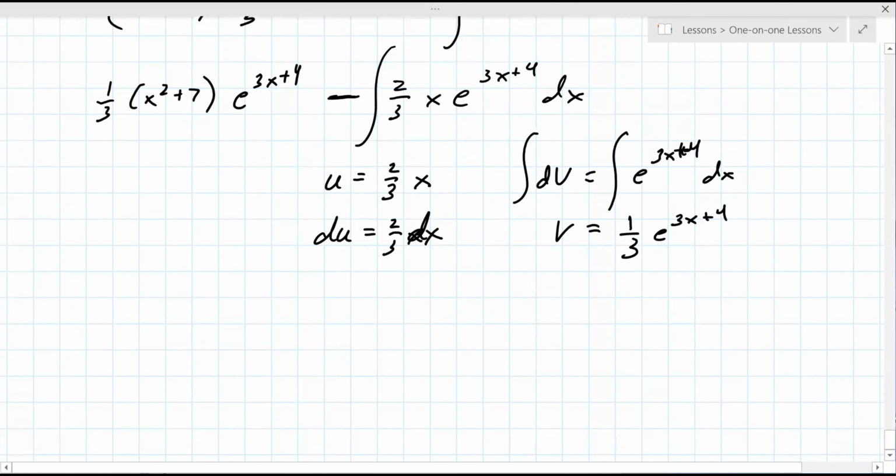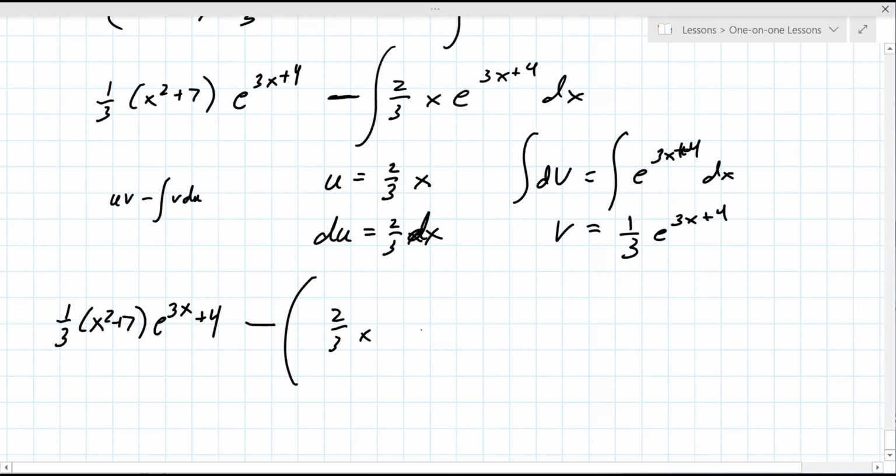Now, there's a lot going on from this line up here, so I'm just going to start from that line. It's 1/3 (x squared plus 7) e to the 3x plus 4 minus. So now we're going to do the uv minus the integral of v du, but that's all coming down here. So it's this u and this v. So that's 2/3 x times 1/3 e to the 3x plus 4 minus the integral of v du, 1/3 e to the 3x plus 4 times 2/3 dx.